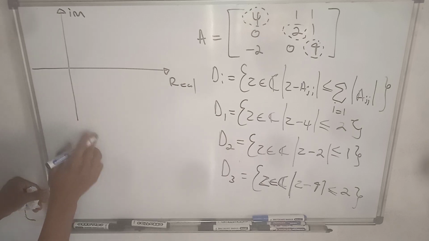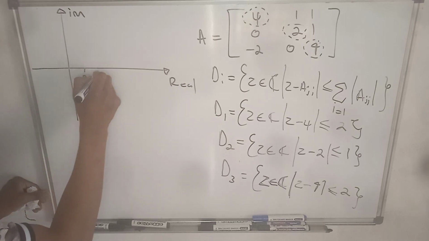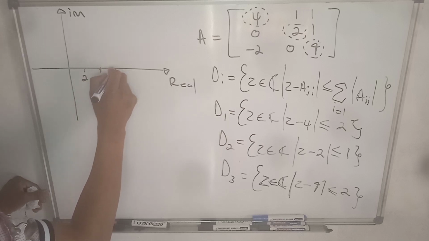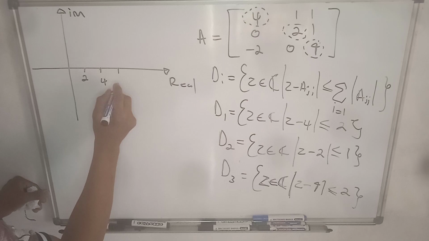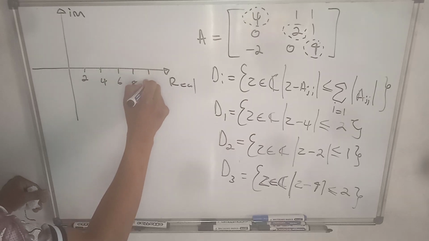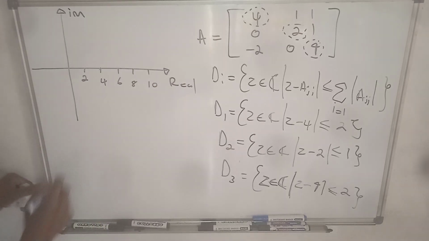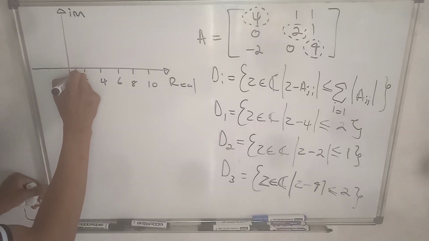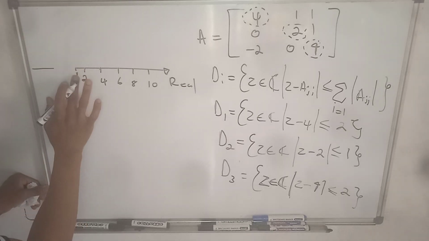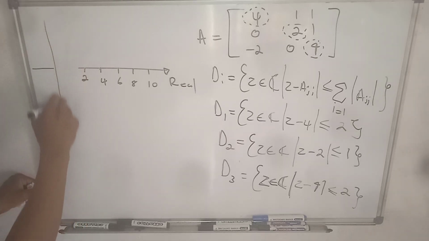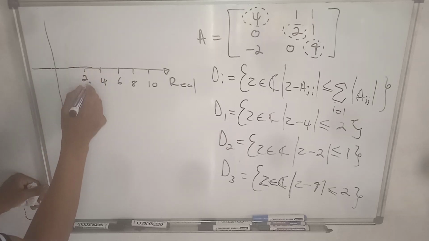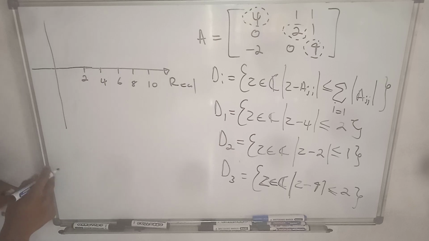So let me choose a scale. Let me say 2, and this one will be 4, and this one will be 6, 8, and let me just say 10. And here is going to be 1. So that is the scale that we are having.